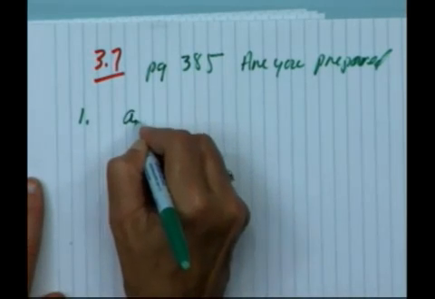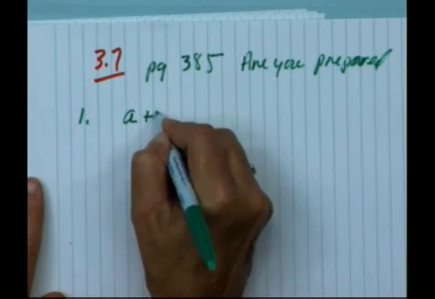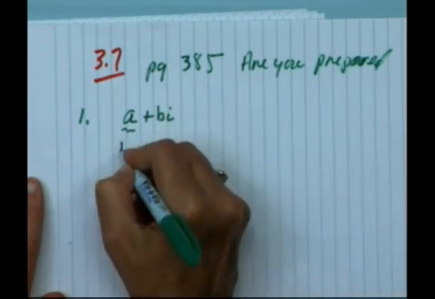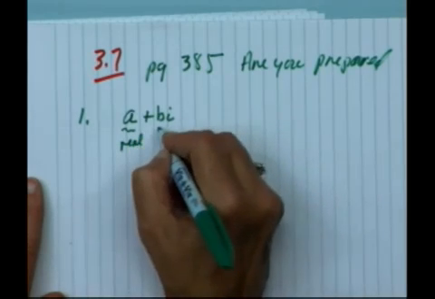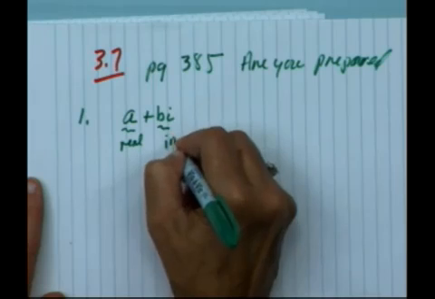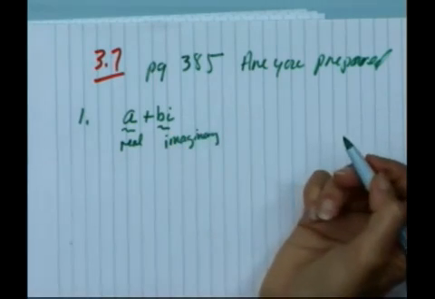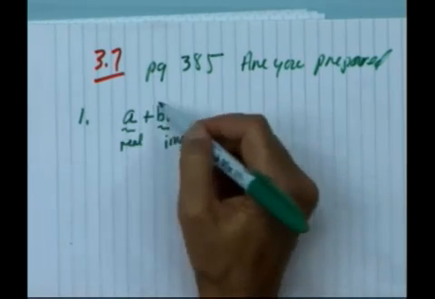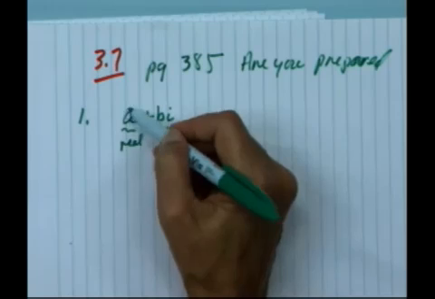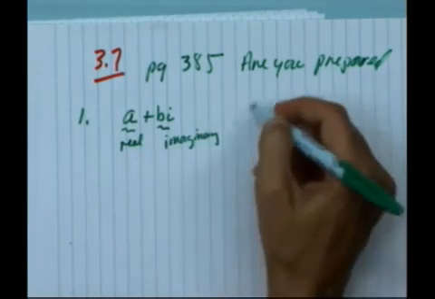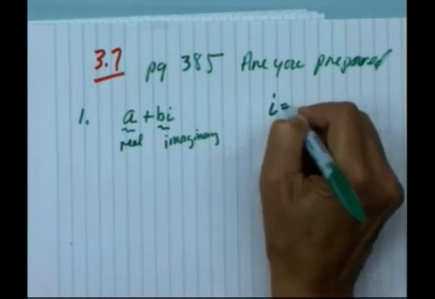A complex number is of the form a plus bi, where a is the real part and b is called the imaginary part. If b is equal to 0, then you really are just down to a real number.